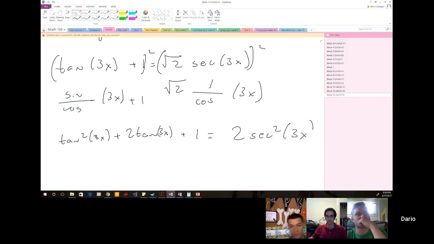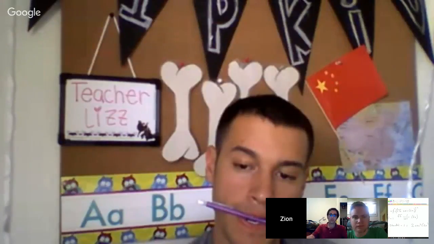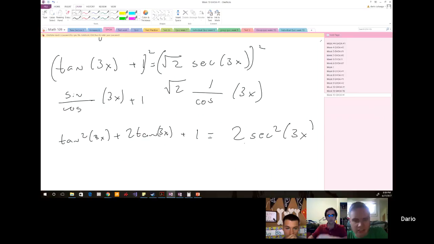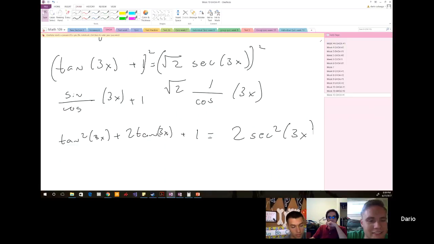Okay. Hold on. Let me go to Google Images and hunt down trigonometric identities. Yeah, well, I found a page of them, but it's way too complicated. Because we've got secant squared, which, if we did that, how would you do that? Why is it even equal to 0, though?